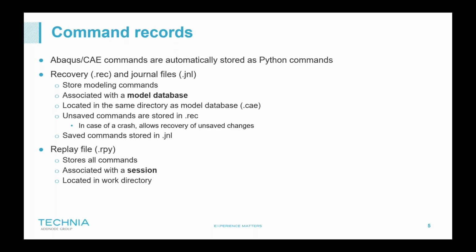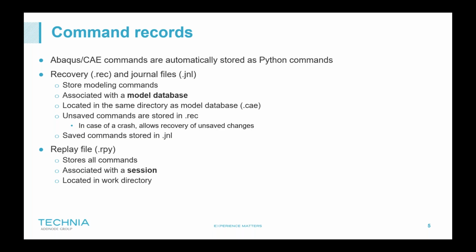And now that we know a bit about Python, we can see where it comes into play in Abaqus. So whenever we perform some command in Abaqus CAE, that always corresponds to a Python command. And these Python commands will actually be stored in a couple of different files.